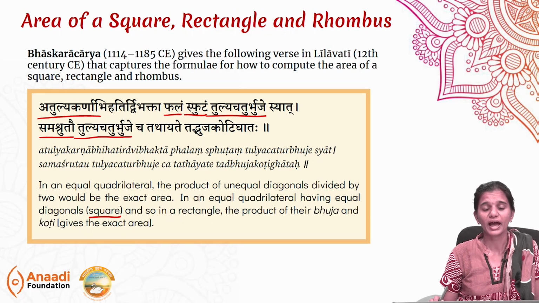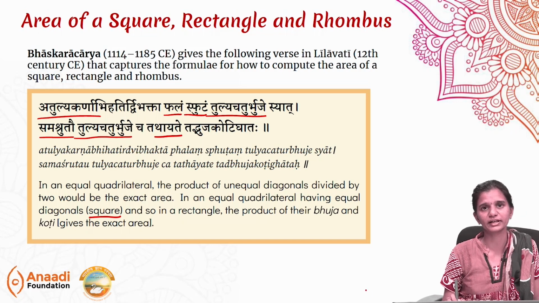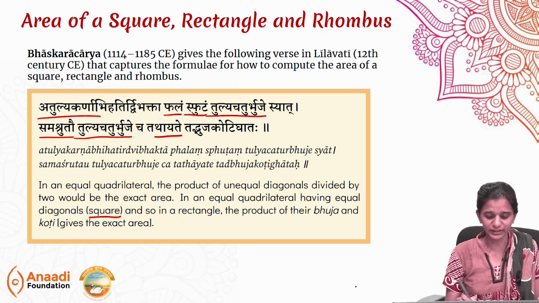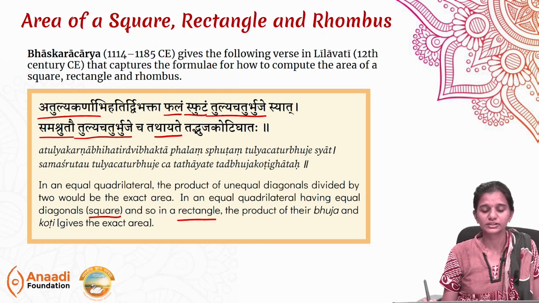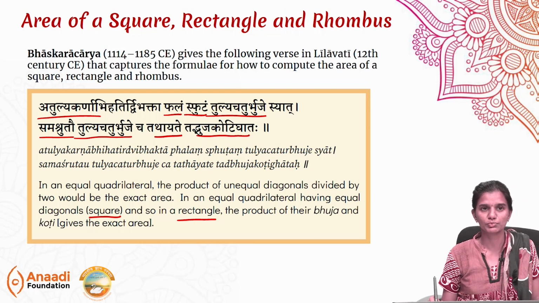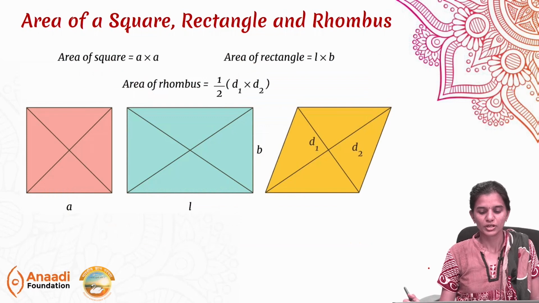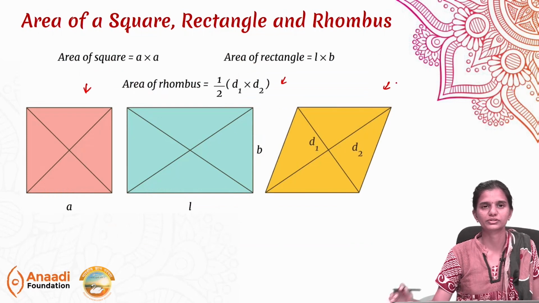For that and for an ayata, that is a rectangle, what will be the area? It is the bhuja koti ghataha, that is the product of its bhuja and koti. Bhuja is the horizontal side and koti is the vertical side. So, these 3 formulae are given in a single verse.